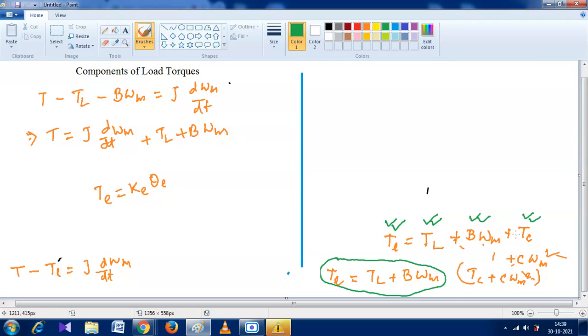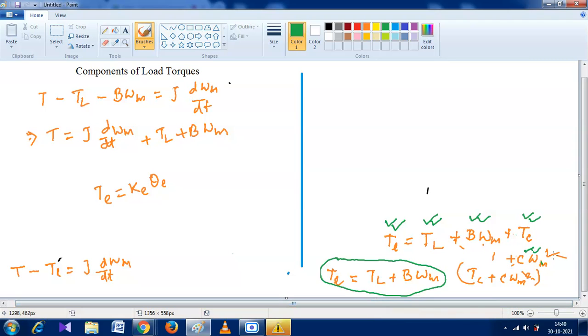And another part is there. This is for what? C omega m square. This is due to windage torque, very small. In many cases it is very small, so we can neglect it.